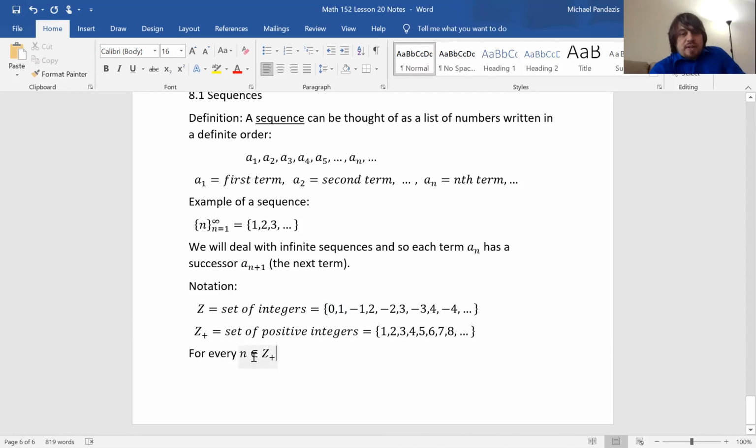Okay, so for every n, epsilon means in the set, but I'll just use the word in.